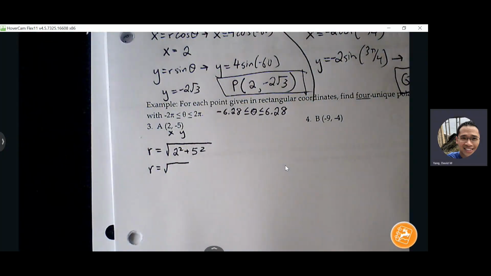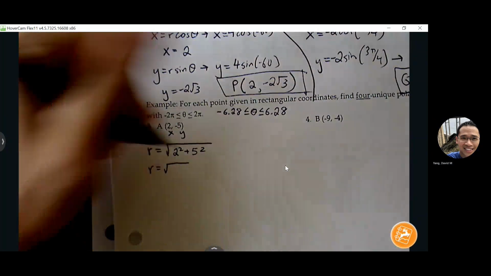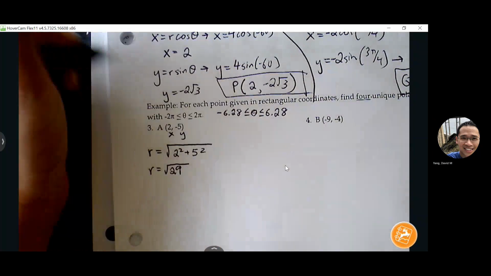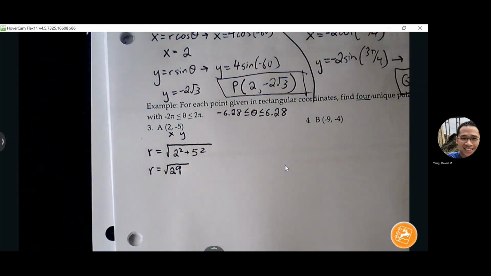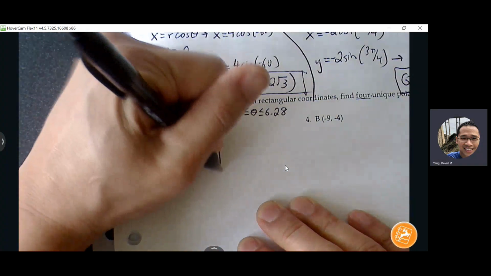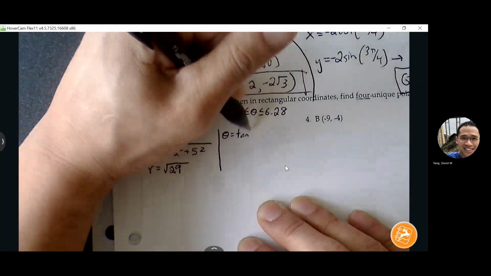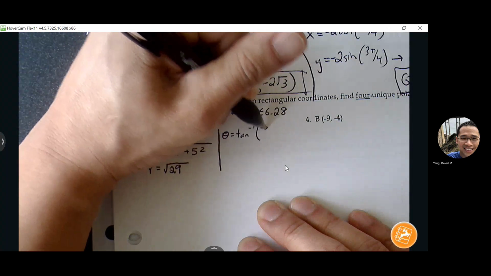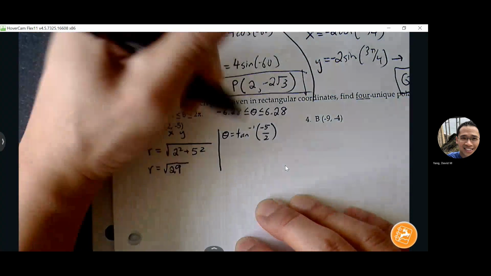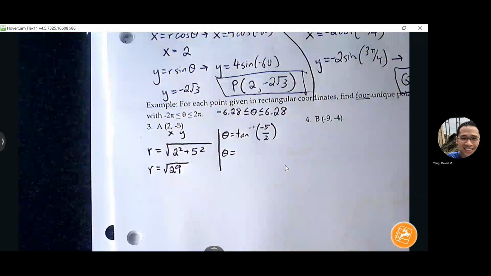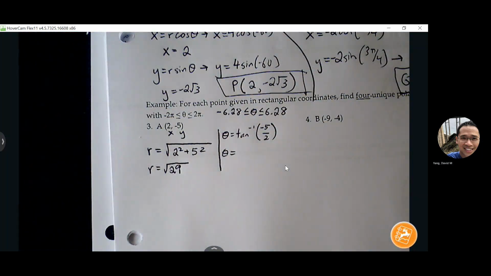We'll leave it in exact form. 4 plus 25 is 29. Inverse tangent to get to our radian measure. Make sure you're in radian mode.